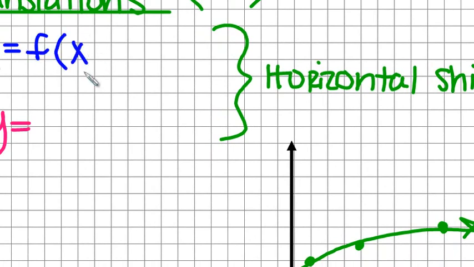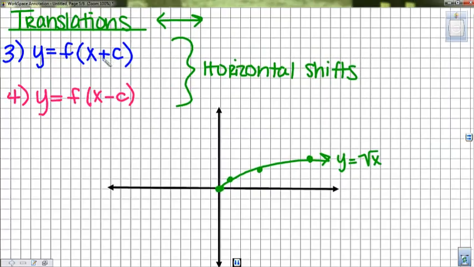So instead of closing this parenthesis and then putting a plus c, okay, your constant is being added on the inside, okay, or subtracted on the inside. Okay, now this one's a little trickier because it's not exactly what you think. You would think, well, this is going to slide it. We know it's horizontal because I just told you this will slide it to the right and this will slide it to the left because you go positive to the right, negative to the left.